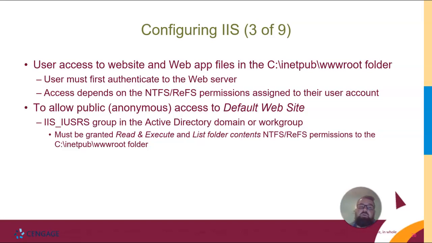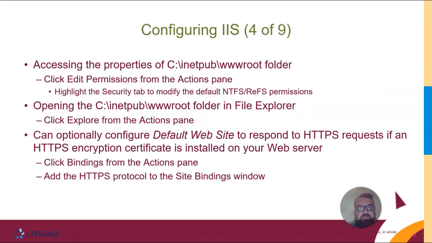To allow public anonymous access to the default website, you have to go into the groups on that server, or you could do it in the Active Directory domain, and go into the IIS_IUSRS group, and that needs to have read and execute and list folder contents on that wwwroot folder. Now, a lot of this is done by default for you, so you don't really have to do this, but that's how it works.